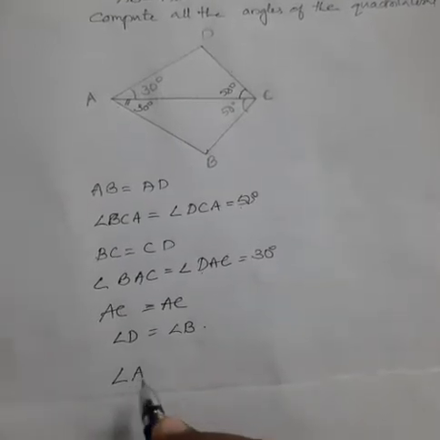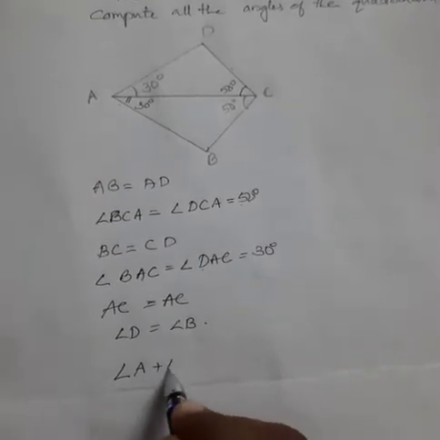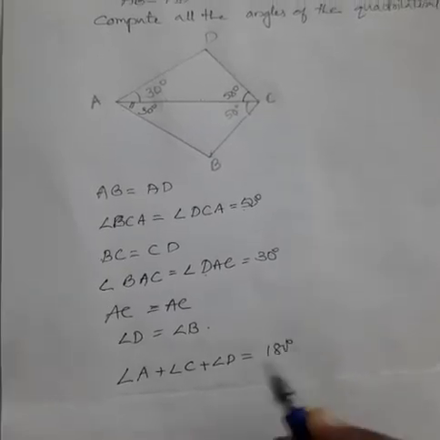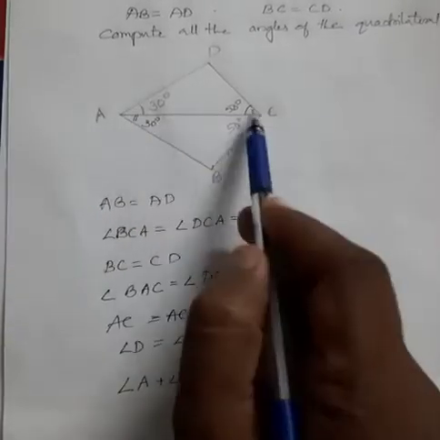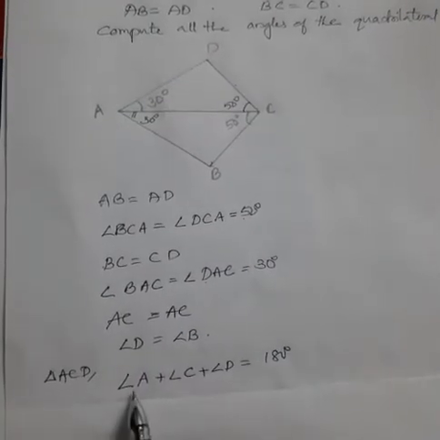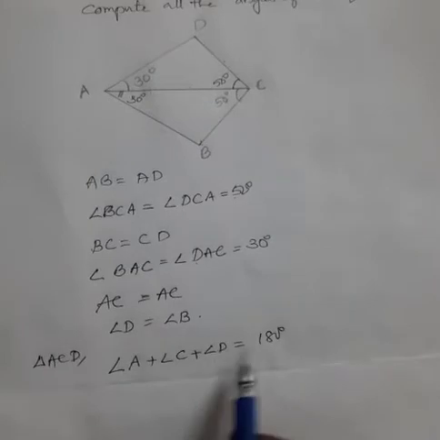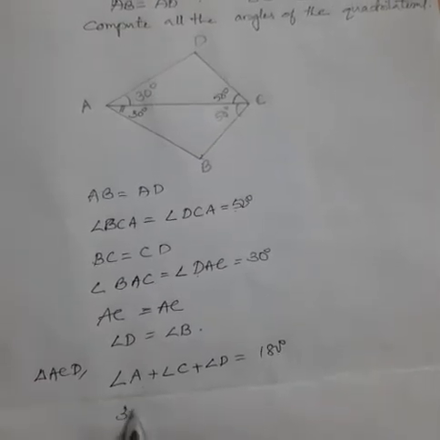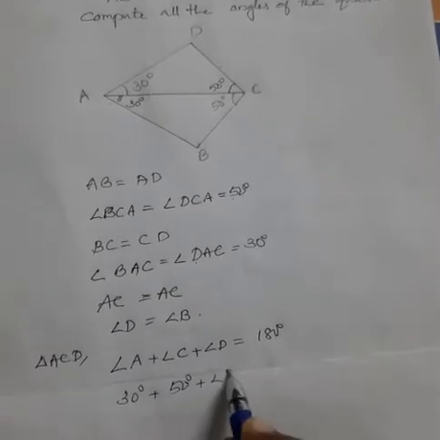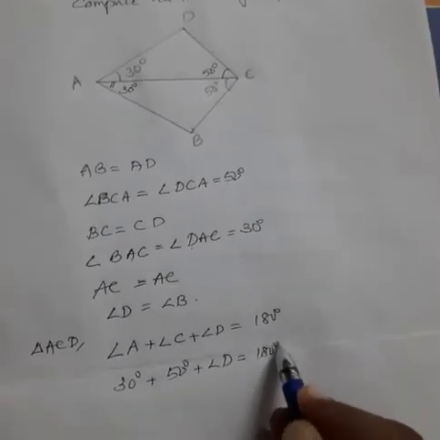Angle A plus angle C plus angle D is equal to 180, which is the first triangle ACD. In triangle ACD, the sum of angles is 180. Angle A is given 30 degree, angle C is given 50 degree, and angle D you have to find out.